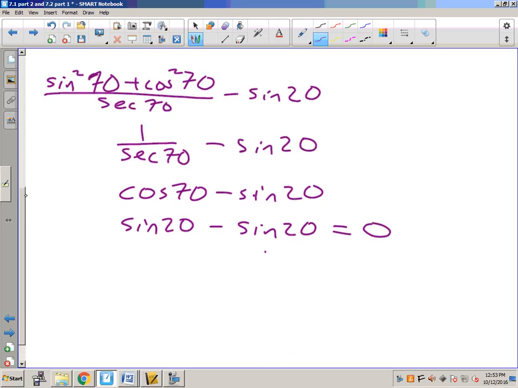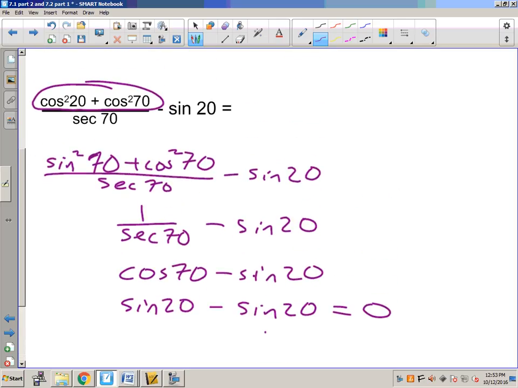Okay, you need no fewer than those steps that I've shown there to get full credit on a problem like this on the test. And when you're doing these problems in your homework, I want you to show those steps as well. Now, that's not the only way to do it. Did anybody turn the cosine 70 into a sine squared 70 up here in the beginning?